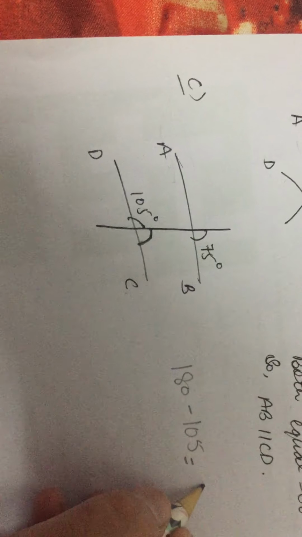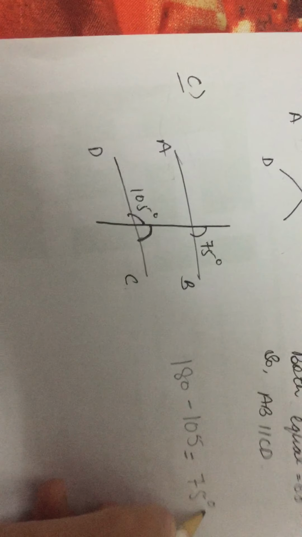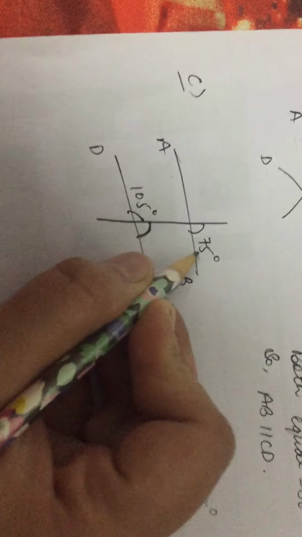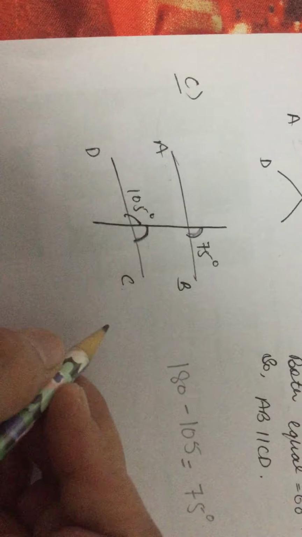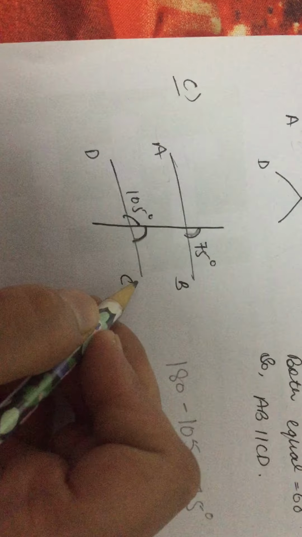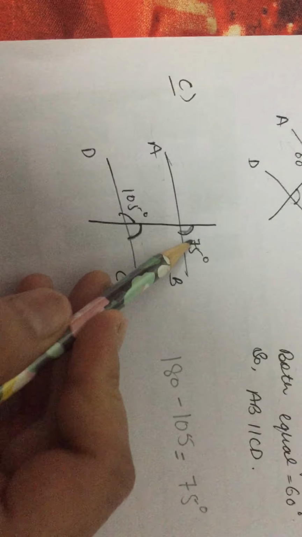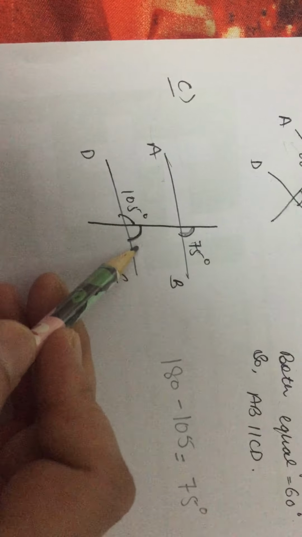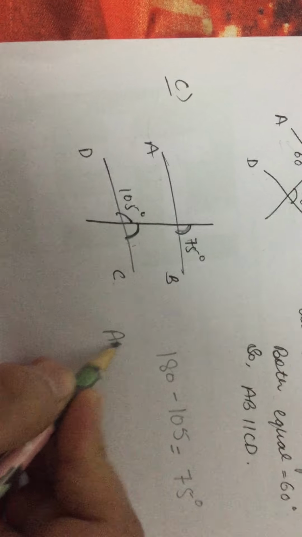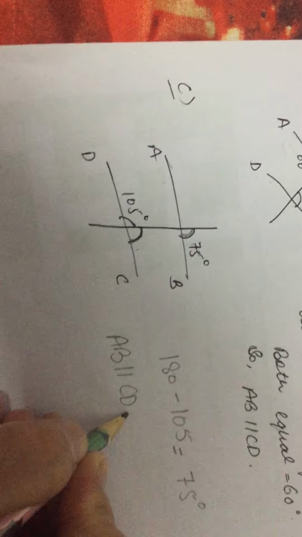So this will come out to be 75 degree. Now this angle and this angle are making a pair of corresponding angles, F shape. If two corresponding angles are equal, it means AB must be parallel to CD.